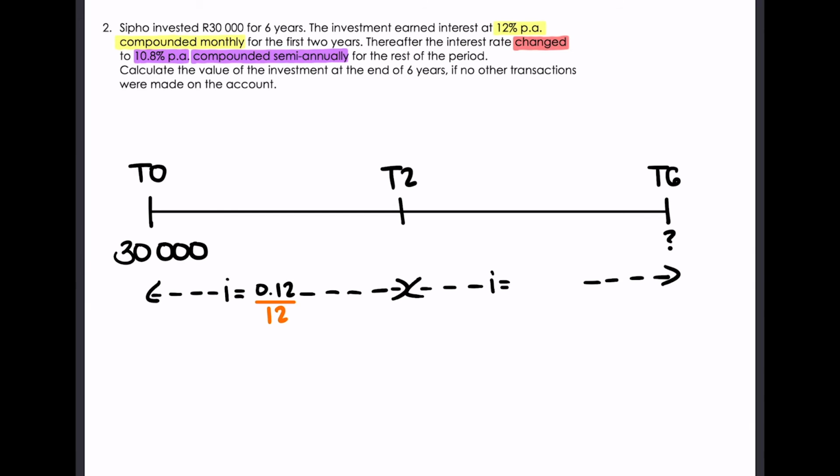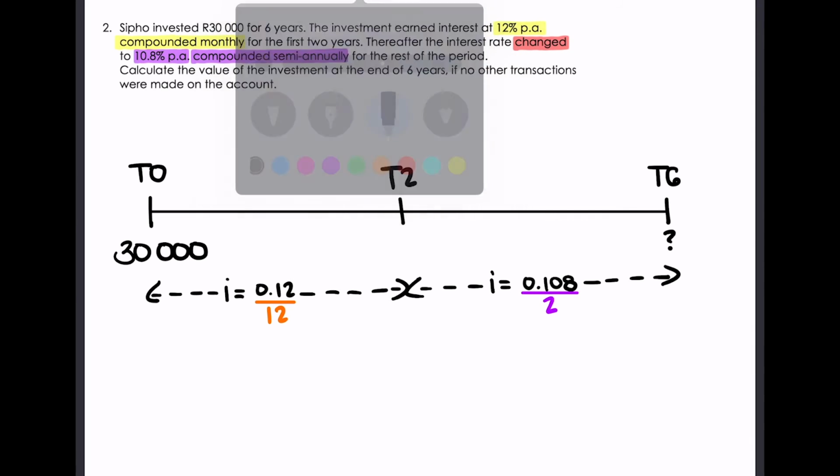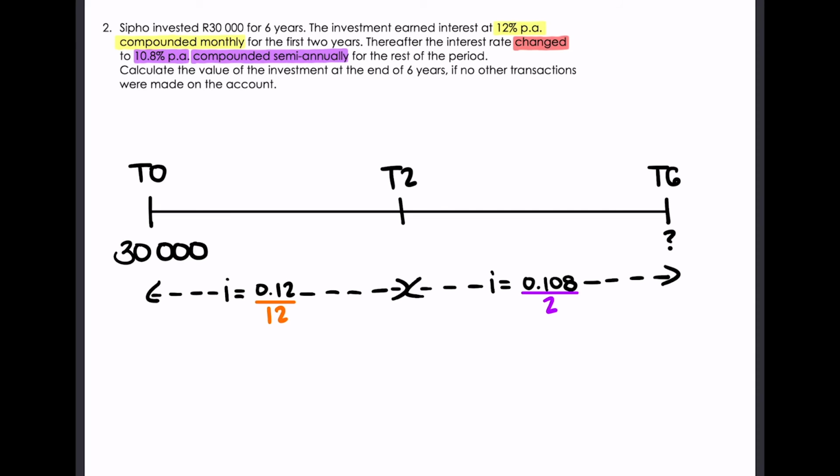So if I had an interest rate of 10.8%, that's an I value of 0.108, right? Because the I values are divided by 100, but it's compounded semi-annually. So semi-annually, semi is 2, so I'm going to divide it by 2. Now I'm just going to quickly finish by doing my N value.